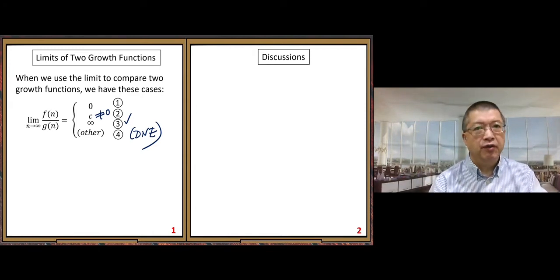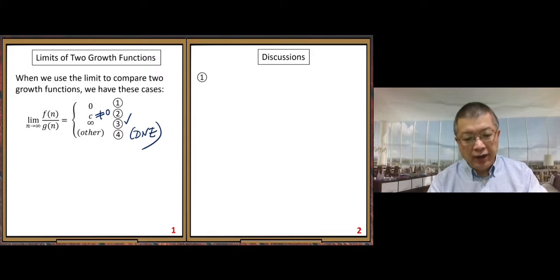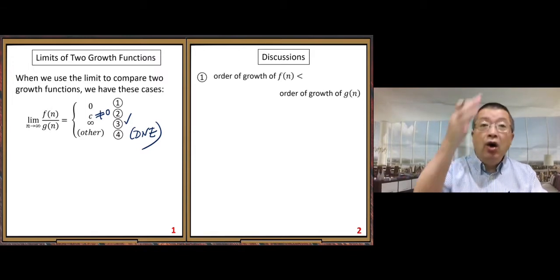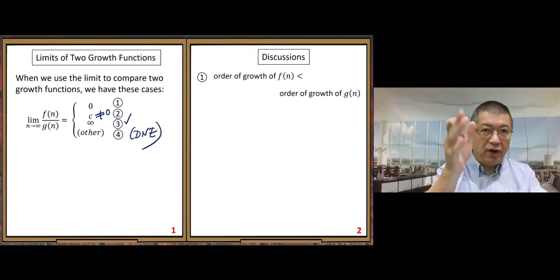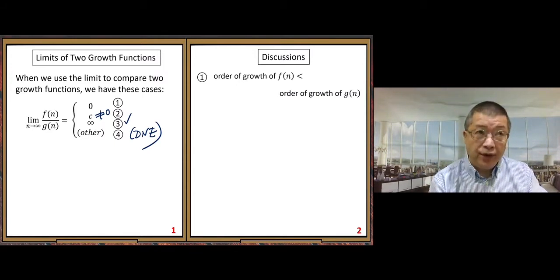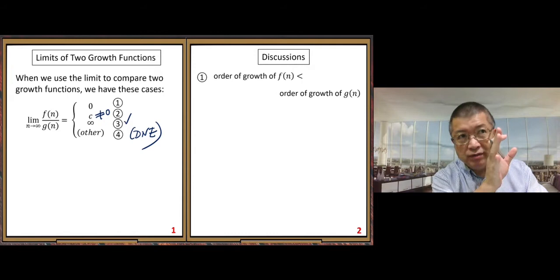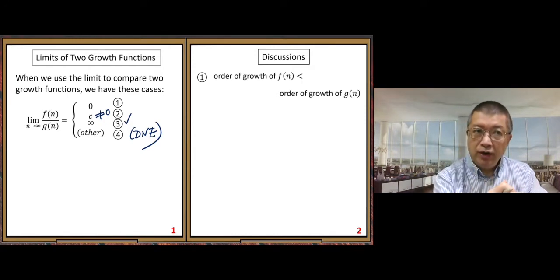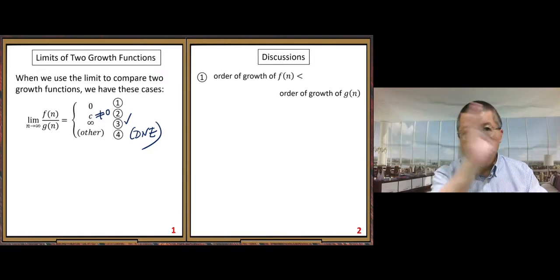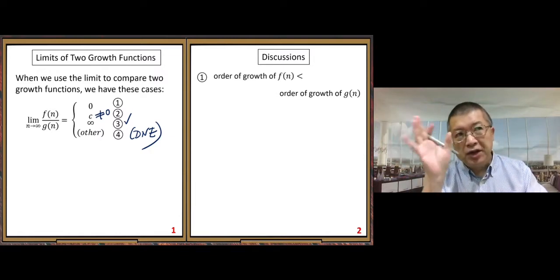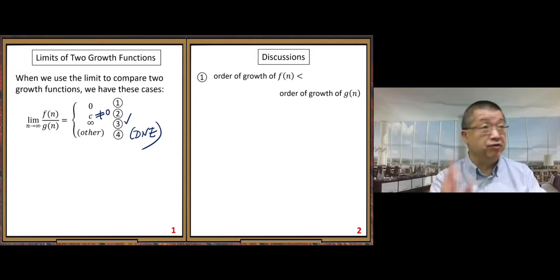The first one: the order of growth of f of n, the numerator function, over the denominator function, when n goes to infinity, the limit is 0. Which one grows faster?